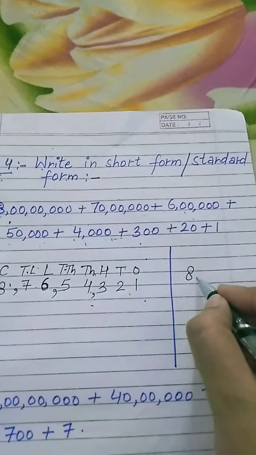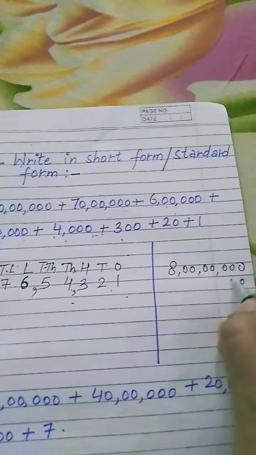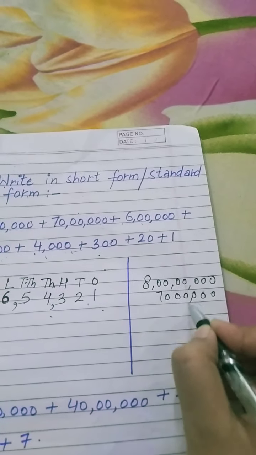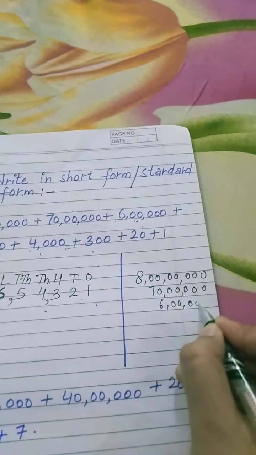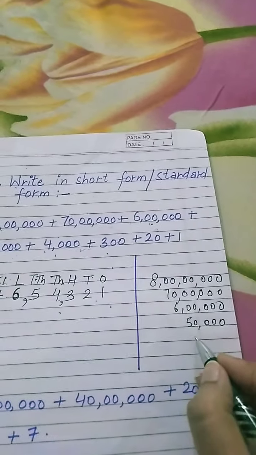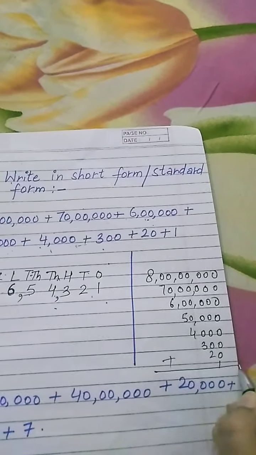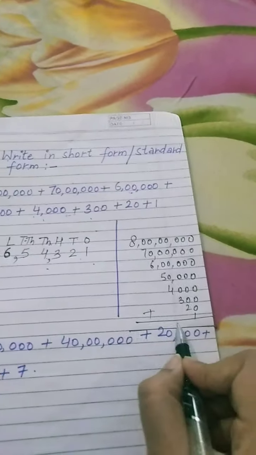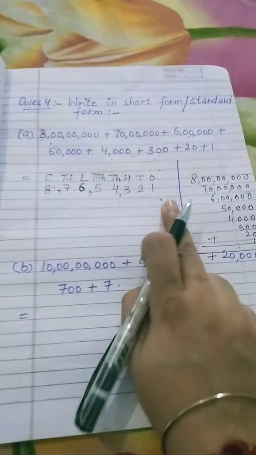First of all, write down 80 crore, then 70 lakh under it, and so on. If you add these numbers, you will get the same number. So this is how you can check your answer.